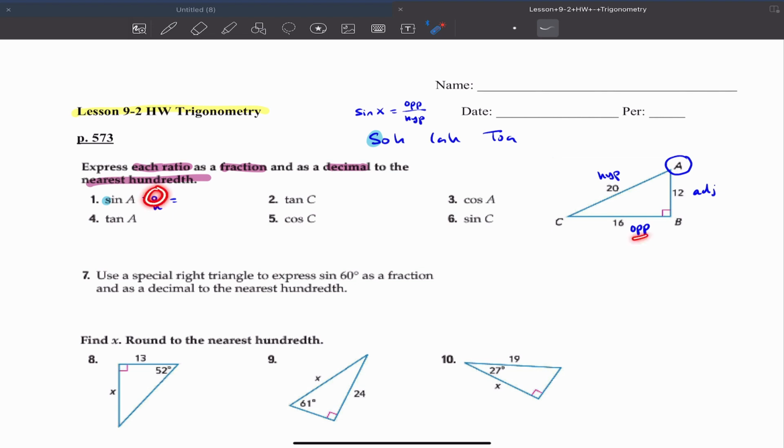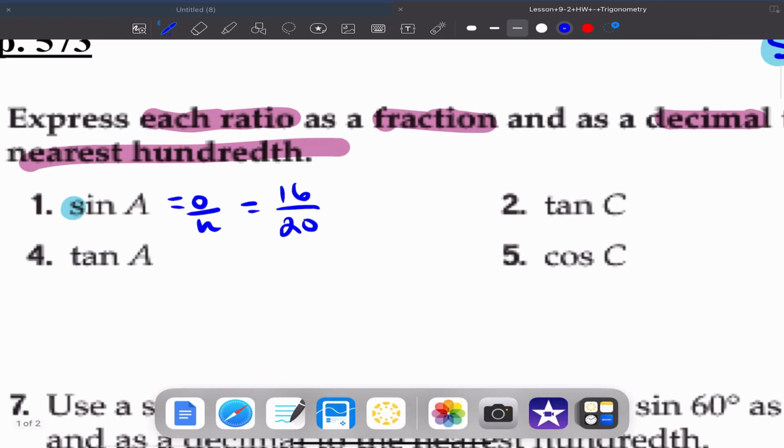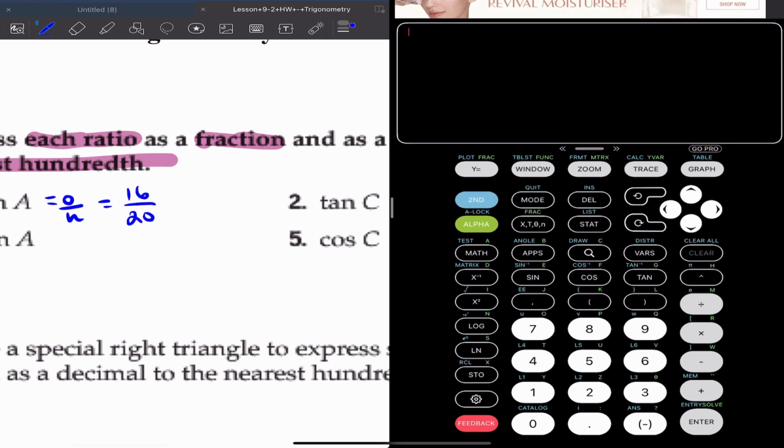So O is 16 and H is 20. That's the hypotenuse. So I write 16 over 20. And you need to make sure that you simplify your fraction.